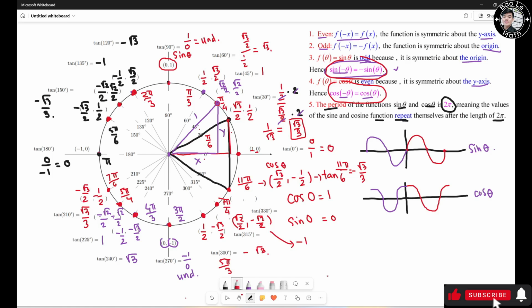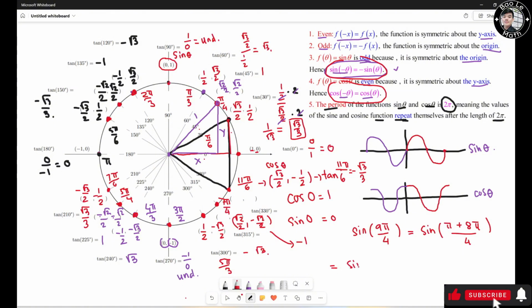Let's move on to the last example. We need to calculate sine of 9 pi over 4. This is the same thing as sine of pi plus 8 pi over 4, so we just split it.